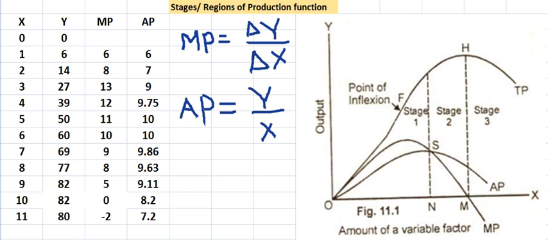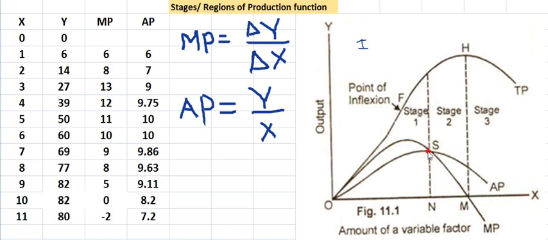So here it is the first region, and this particular region holds from the point of origin up to the point where the MPP remains greater than average product.